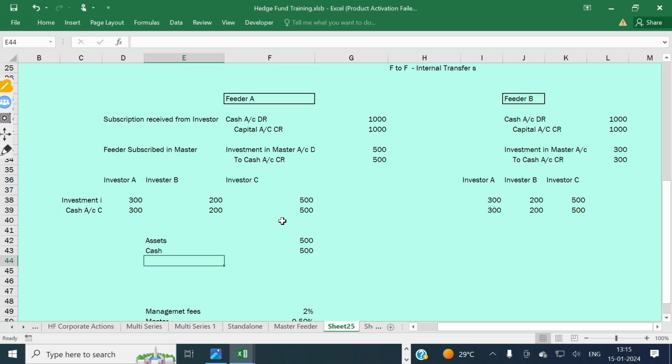But let's say this particular fund has incurred expenses of 700. Would you be able to book the expenses of 700? Come on.